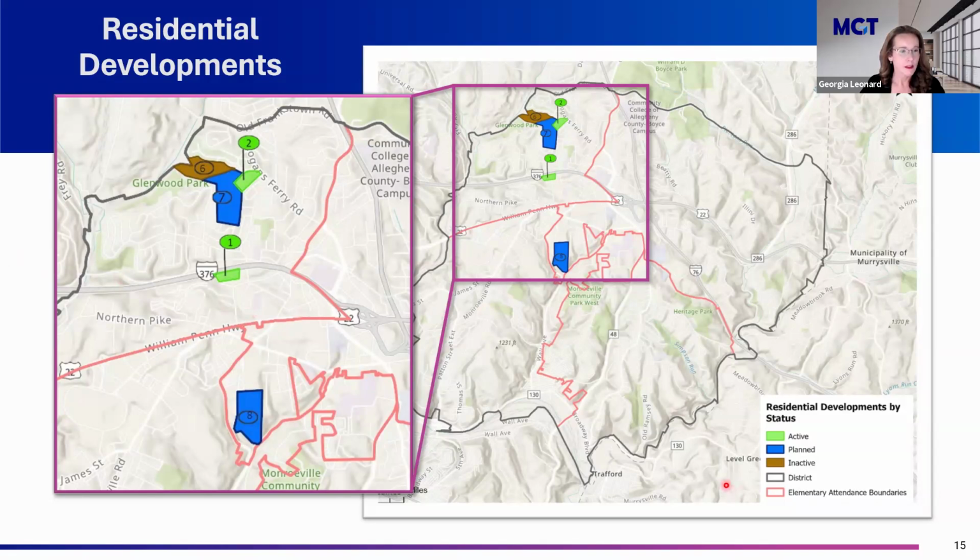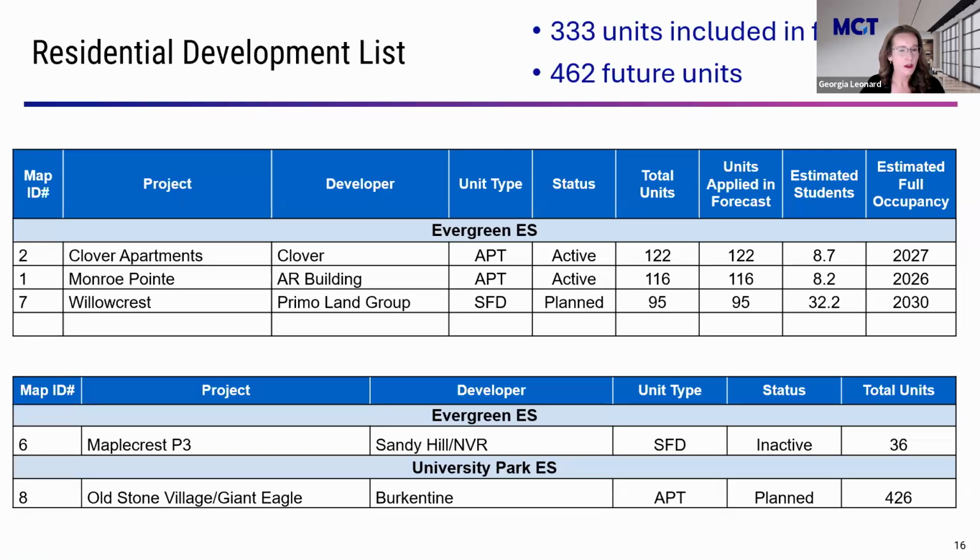And then we have on the next slide, this table associates to that previous map. And you can identify the map ID. It lets you locate that on that previous map. And so you can start to see the projects, the type of housing that it is, total units that are supposed to come from that housing, and then what was applied in the forecast.